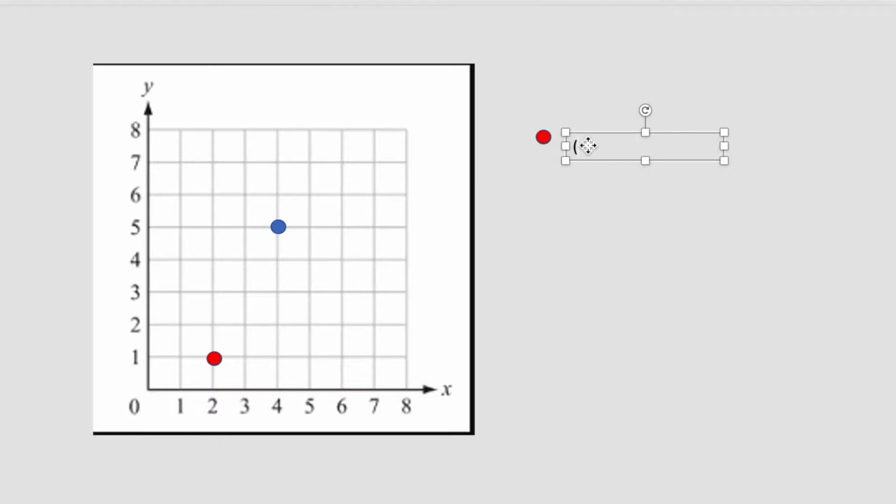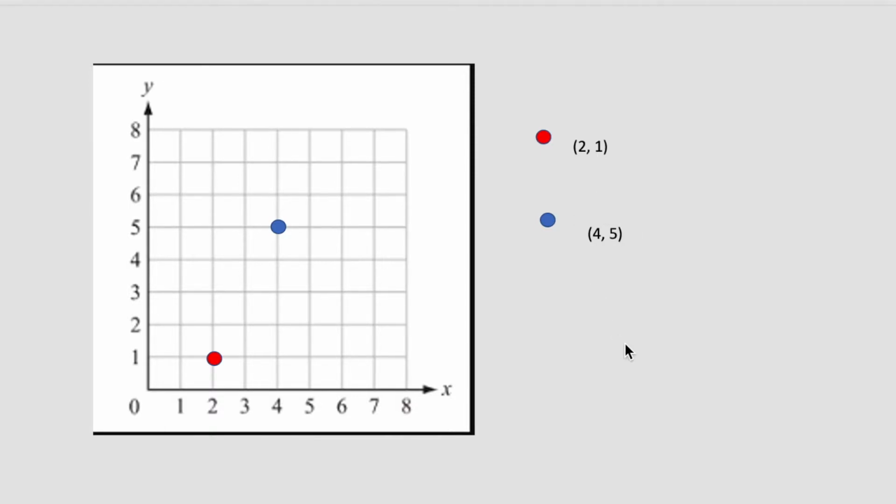The 2 would go first because that's how many I've counted over, and then 1 because that's how many I've counted up. If I'm going to look at the blue dot here, the coordinates for this blue dot are 4 because that's how many I've counted over, right? So 4, and then how many I've counted up is 5.